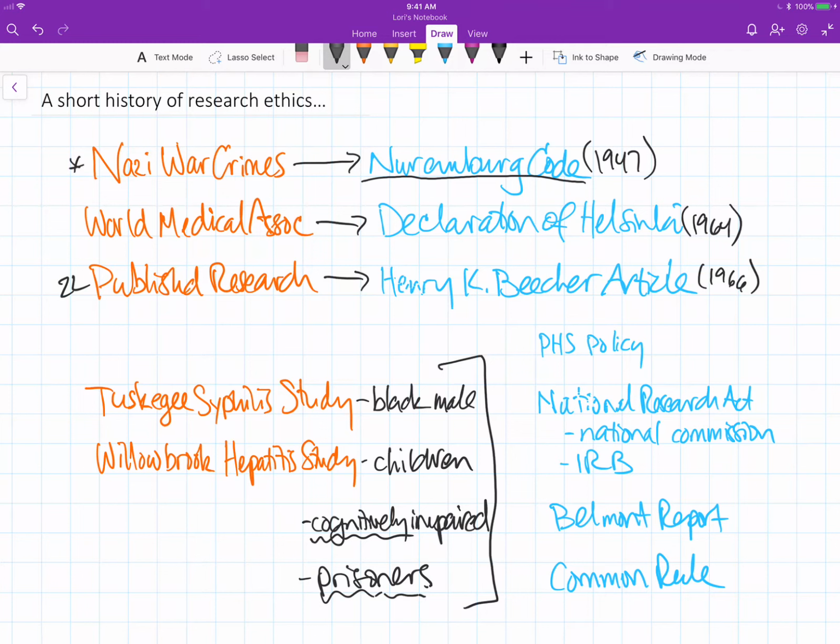And so in 1974, these things all led to the National Research Act, which had two main effects. First, it established the National Commission, which was a group of people who studied this problem from 1975 to 1978.